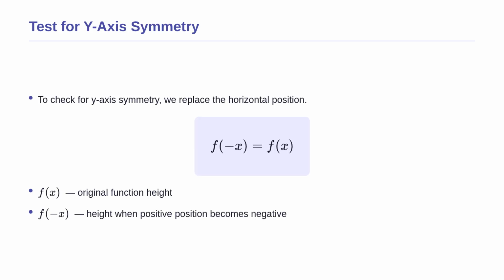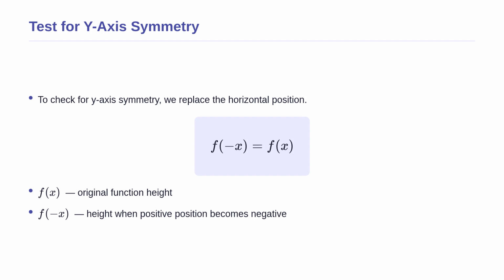Now that we know what symmetry is, let us look at the mathematical test for y-axis symmetry. This formula comes from the idea of a perfect mirror reflection across the vertical axis. In this equation, f of x represents the original function, which gives us the vertical height at a positive horizontal position.